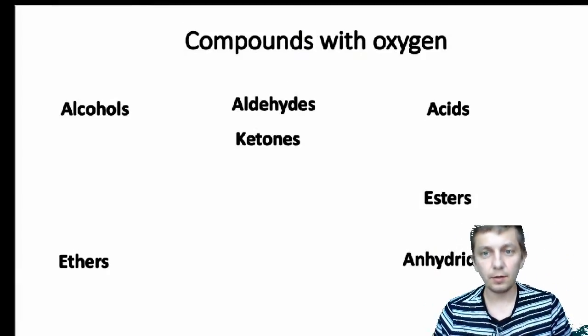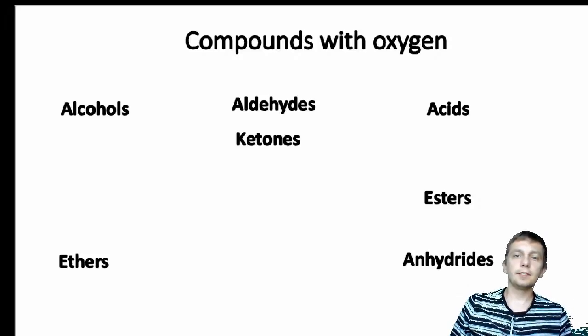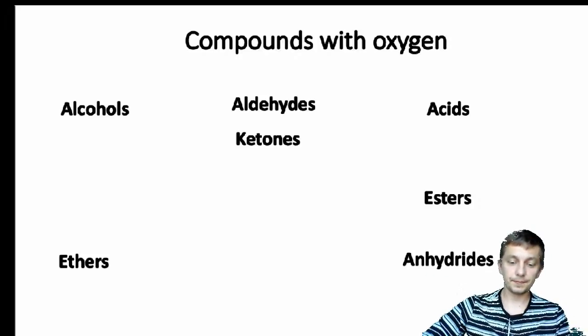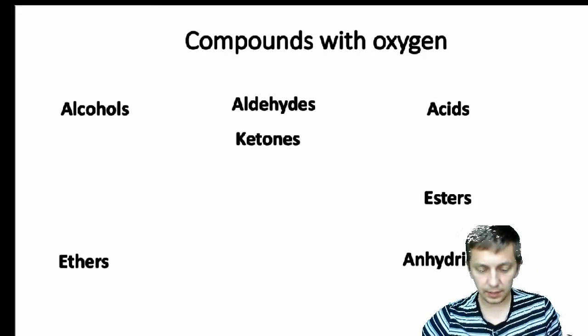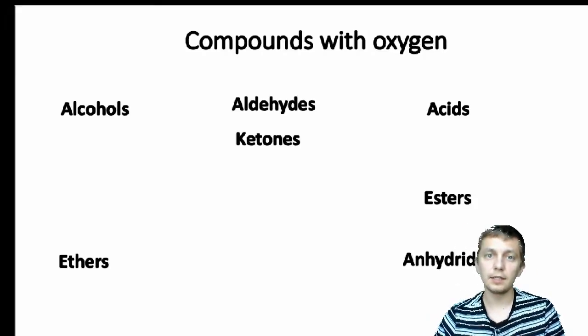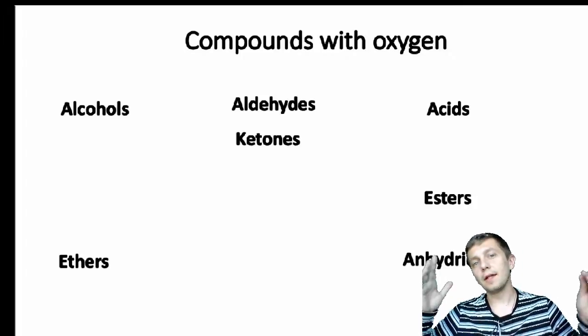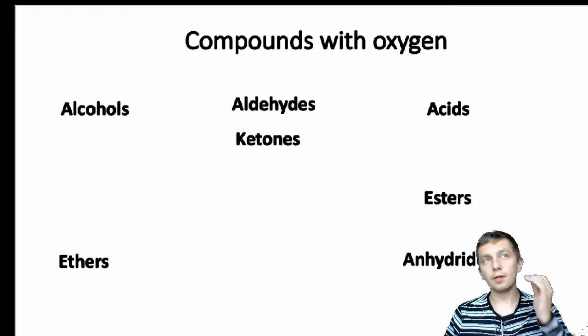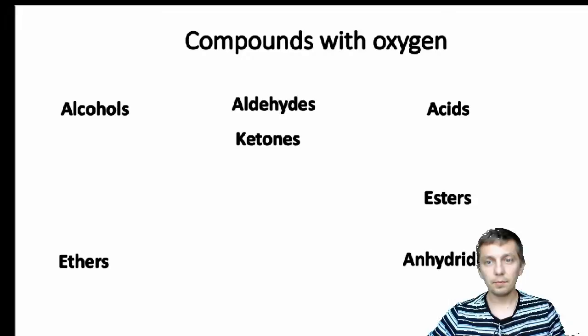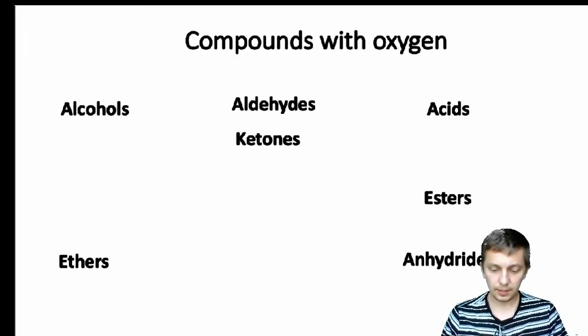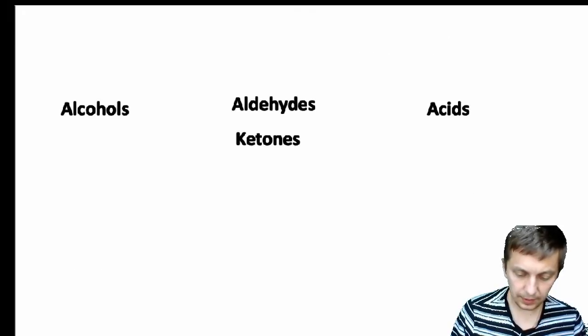As you probably know, we have several groups of organic compounds with oxygen: alcohols, aldehydes, ketones, and acids. It's three columns and three main topics. These are the main groups, so if we group them, we can see what we can see.